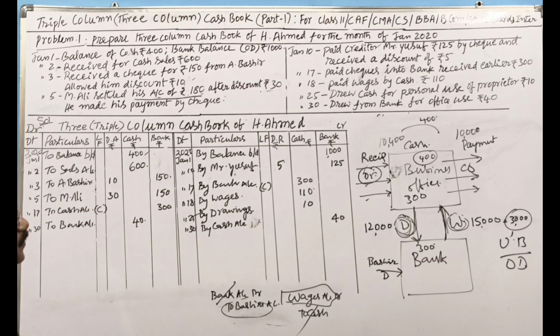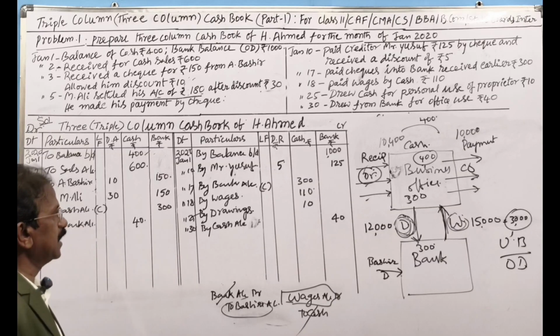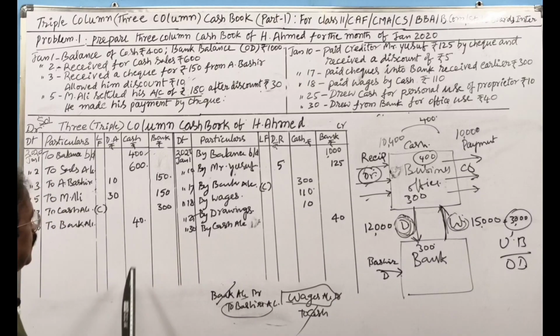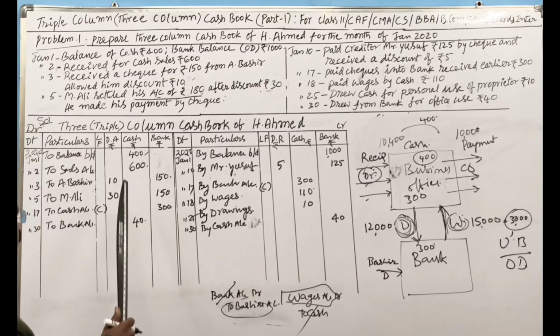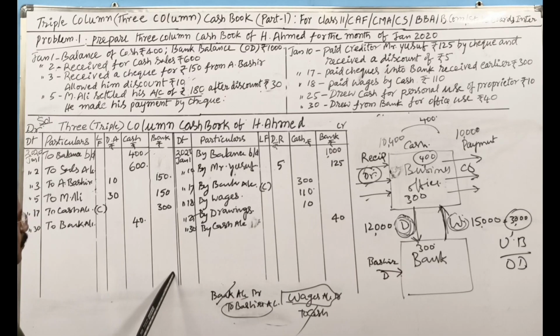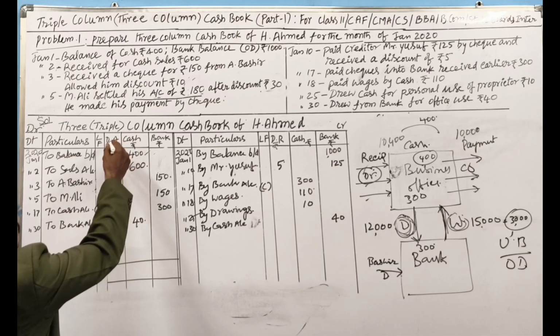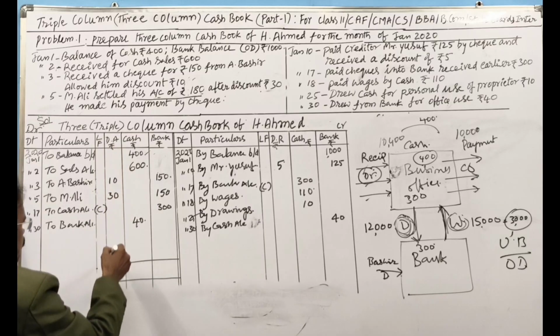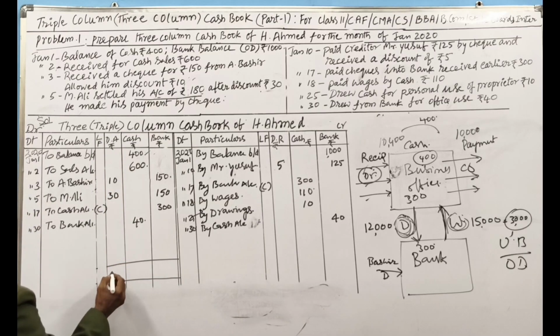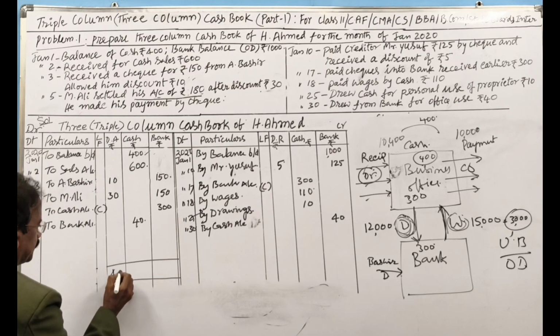In this way, you have to enter all these transactions. After entering the transactions, you have to take the balances of the cash column and bank column. You take the discount allowed column, take the total and put it here. That is 40 rupees.